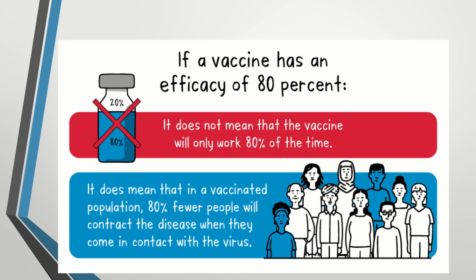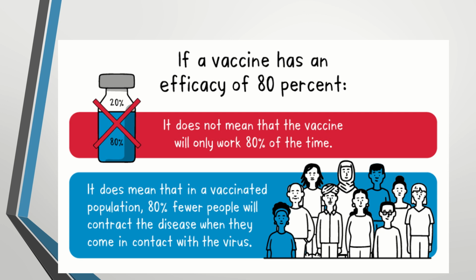Here in that picture, they are saying that if a vaccine has an efficacy of 80%, when you are measuring in the trial, after making a vaccine, you do a trial in the laboratory. If a vaccine has 80% efficacy, this does not mean that the vaccine will only work in 80% of the people who received the vaccine.